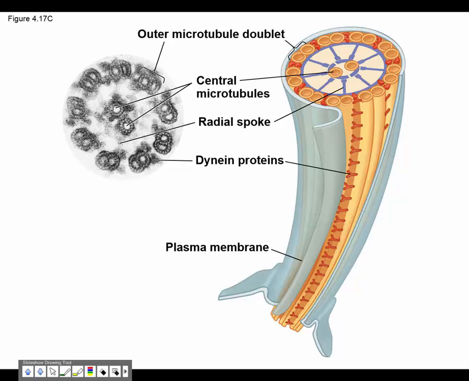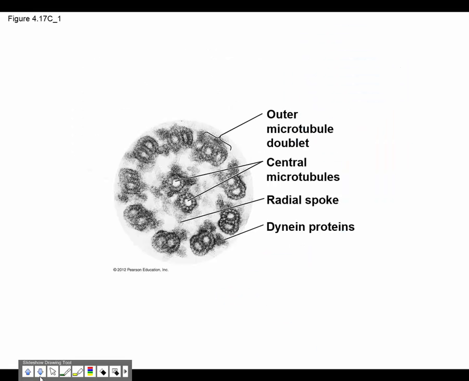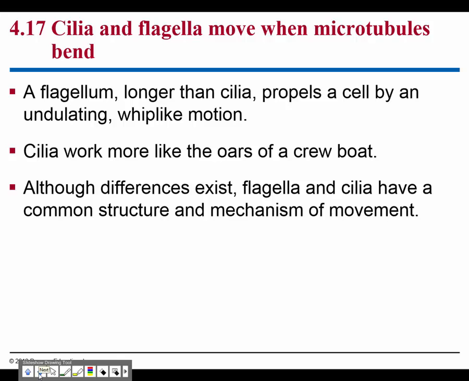And this is what gives it the rigidity to move. You have these microtubules and these radial spokes and these different proteins. And here's a close-up of just that cutoff where you can see that under a microscope. Now flagella are much longer than cilia, and they propel through undulation.